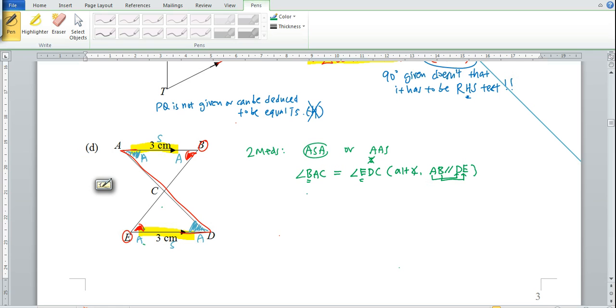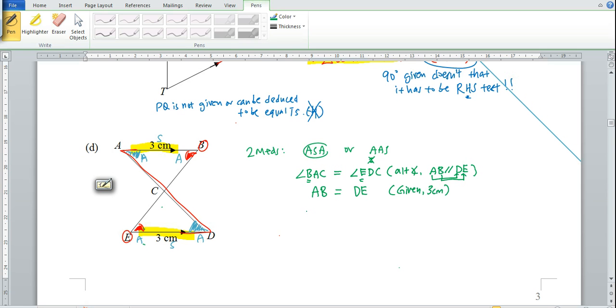Next, I have a S to prove. So AB is given to be 3 cm and DE is also 3 cm. So this is given to be 3 cm.